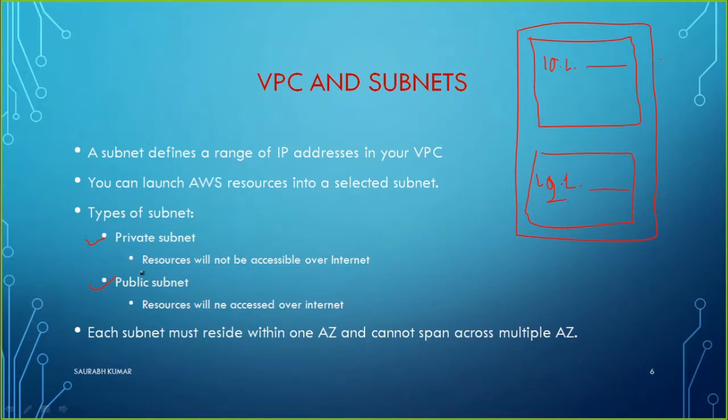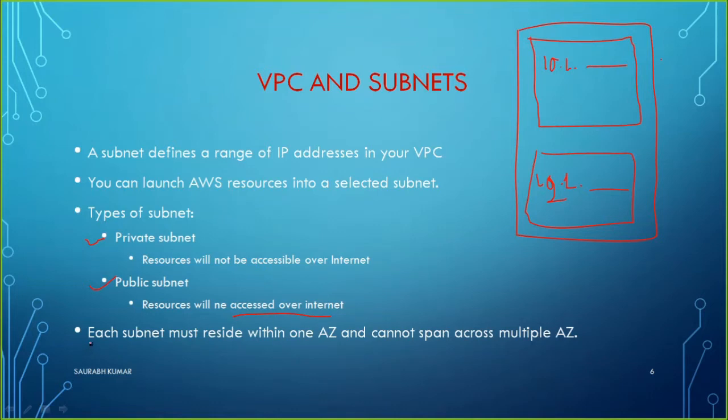If you are using a private subnet, you will be using private IP addresses, and because of that, these resources will not be accessible over the internet, because a private IP address is not accessible over the internet. If you are using a public IP address range, that will be a public subnet, and the resources connected to a public subnet will always be accessible over the internet because they have public IPs.